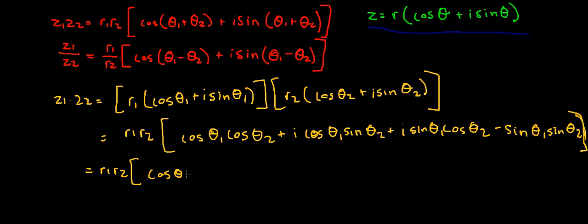Cosine theta 1, cosine theta 2. And then it's going to be a plus, and i will just be factored out.